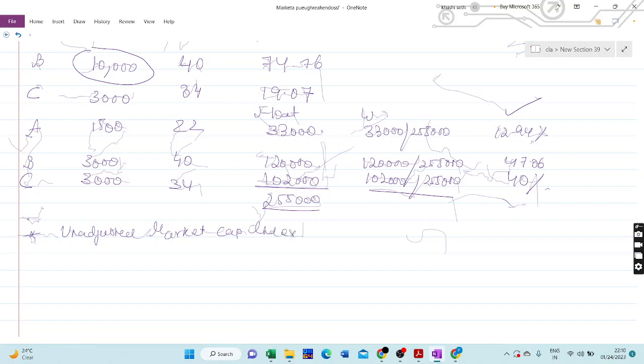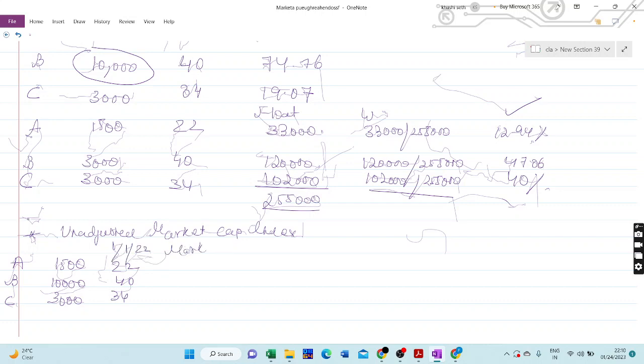Okay, stock A, B, C. We have 1500 shares of stock A, 10,000 shares of stock B, 3000 shares of stock C. 20, 40, 34 is the price on 1st Jan 22.